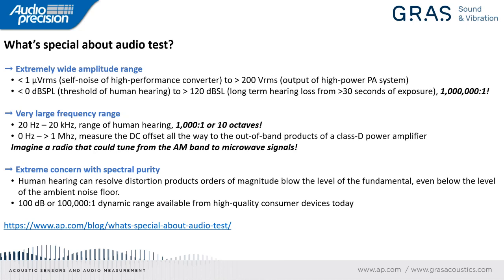And today, pretty high quality but not esoteric consumer devices are available that have 100 dB of dynamic range. So these three things together are really what drive us to specialization in the type of equipment we use for audio measurement.